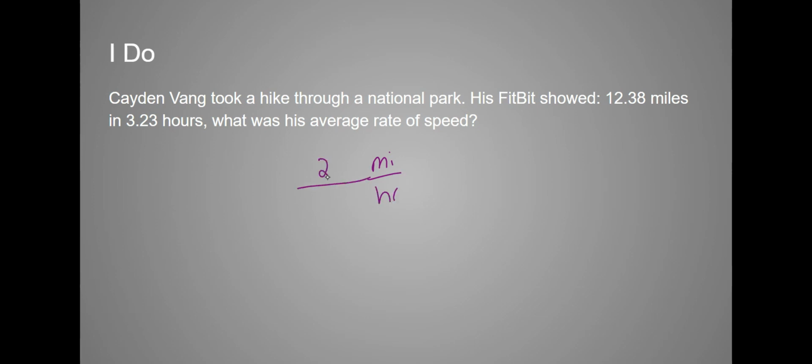So we're just going to divide 12.38 by 3.23. That is going to give us 3.83 miles per hour for his average rate of speed.